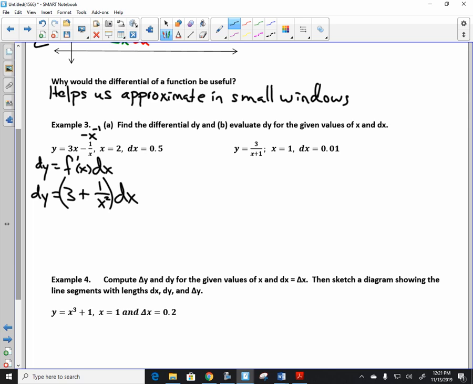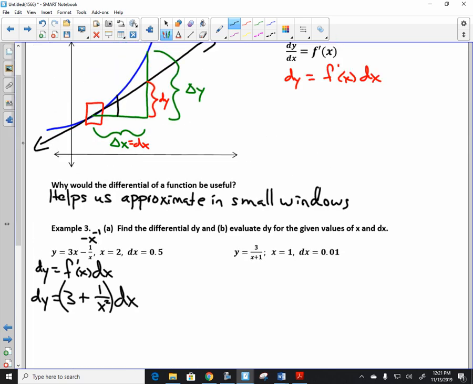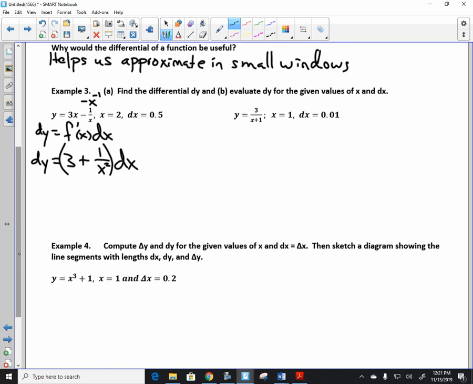We're going to use the differential to approximate a value. Suppose we change x a certain amount, what would be approximately the change in y? If I go over something, how much would I go up? Well, we figure it out by using x and dx. So dy is 3 plus 1 over what? What is x? 2.